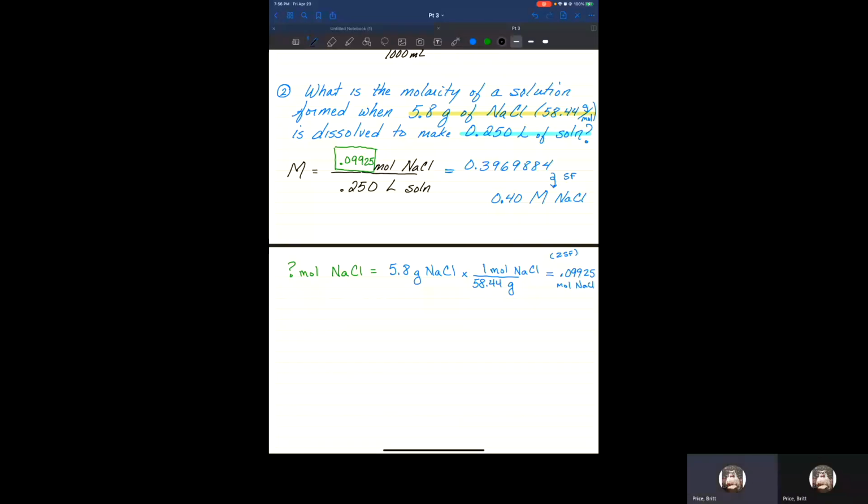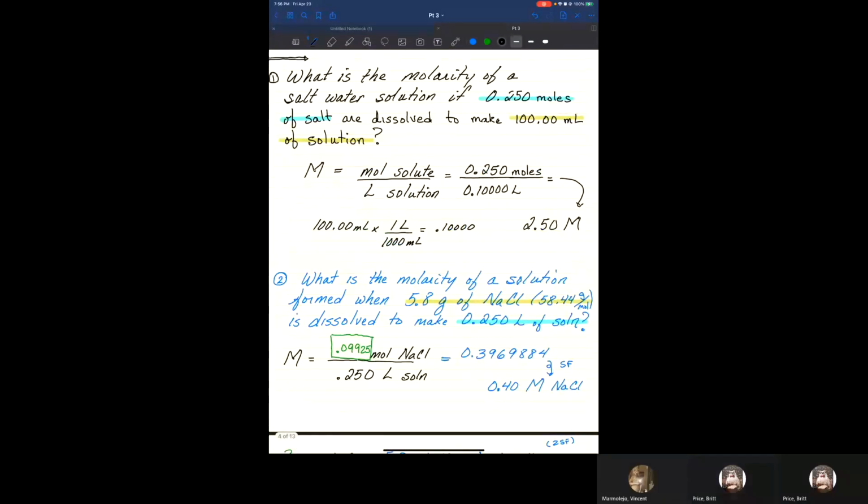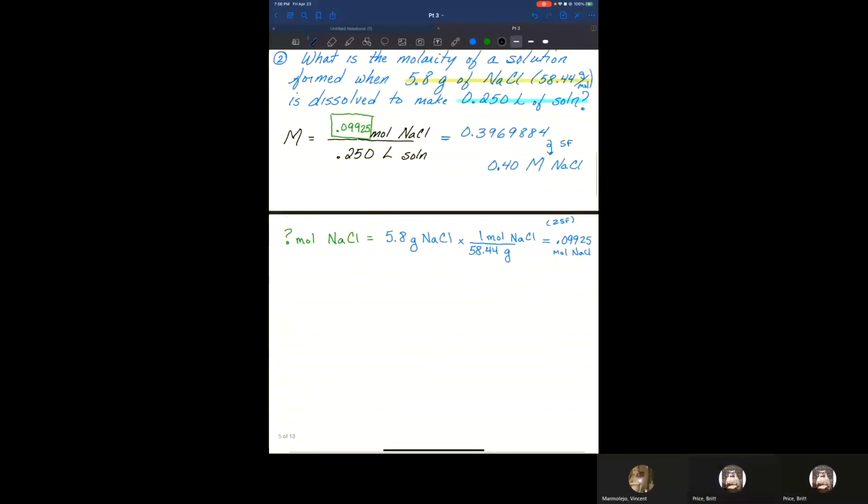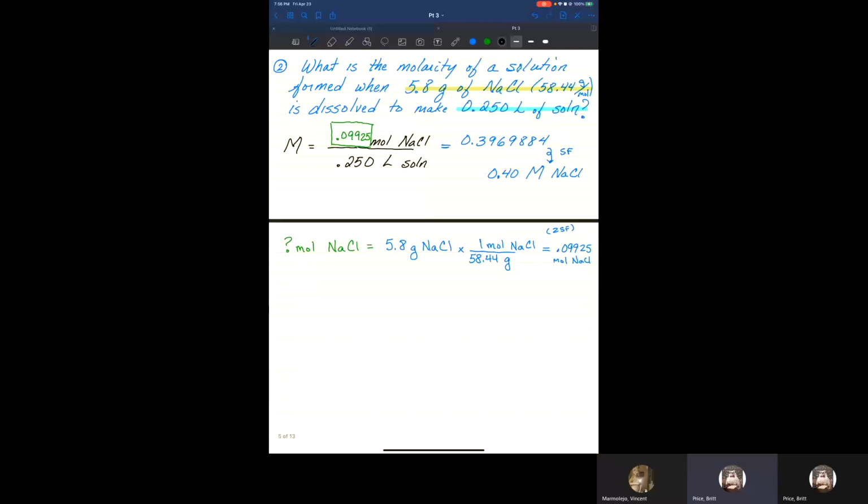So here are two examples of determining molarity. Sample 1, I give you moles, I give you the volume, give me molarity. Sample 2, I give you a mass, I give you the volume of your solution, find me molarity. So those first two examples we could put as determining molarity.